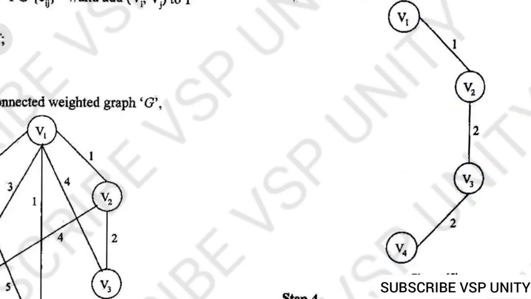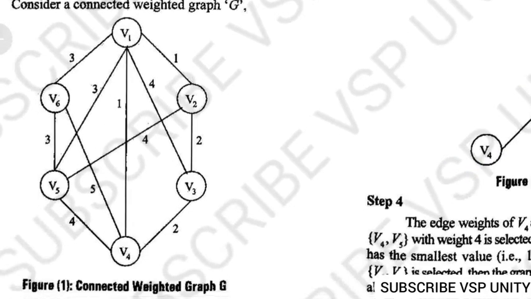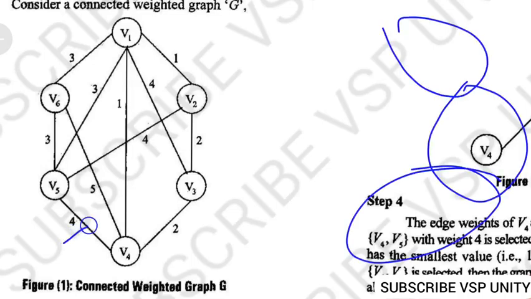For this v4 we have adjacent vertices v1, v5, v3 and v6 also. See, v5 has a path of 4, and v6 has a path of 5. So which one is the smallest one? v5. Then we will be selecting v5. I'll remove all these things.